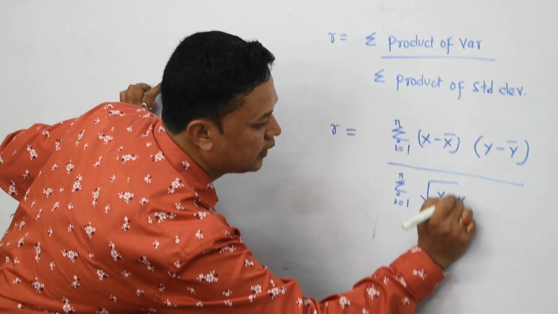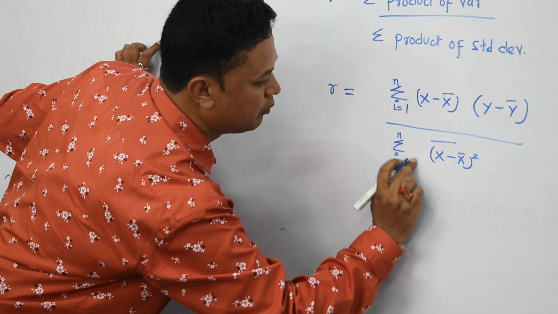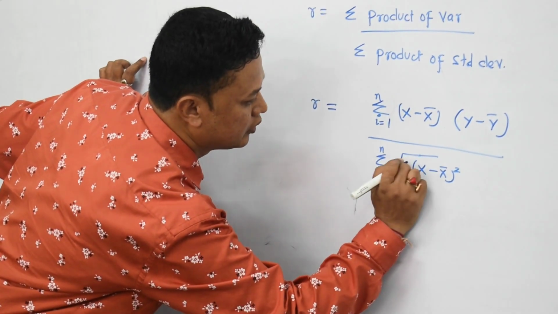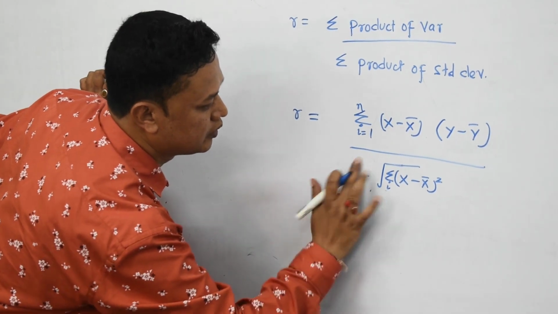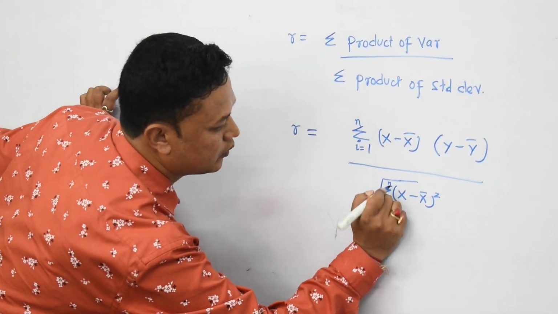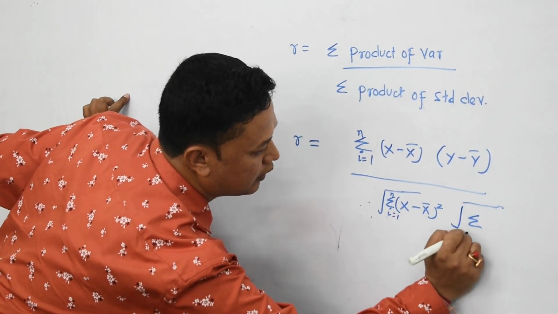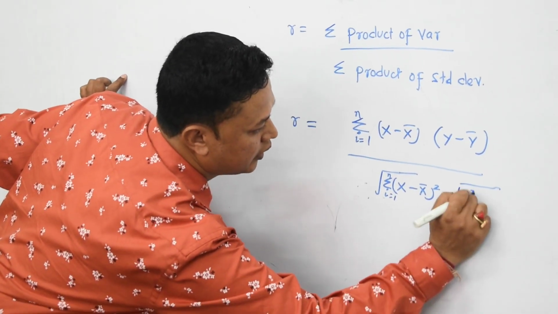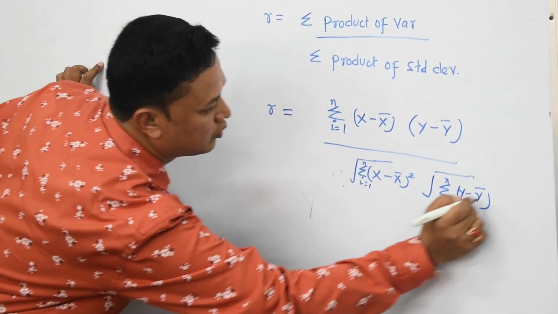of (x minus x bar) whole square, multiplied by sigma i equals 1 to n of (y minus y bar) whole square, all under a square root.